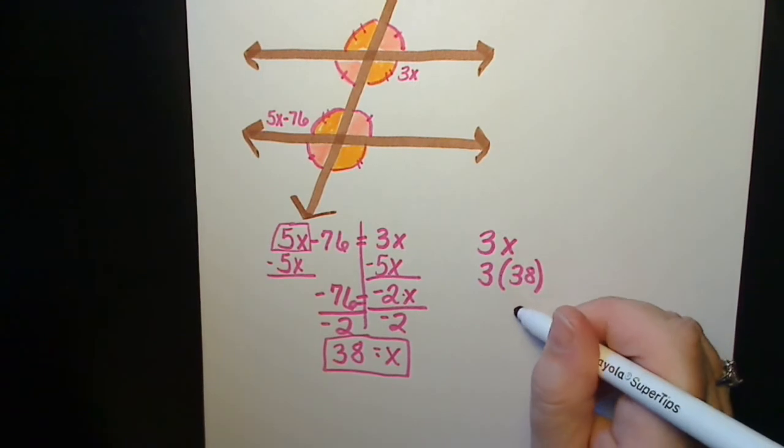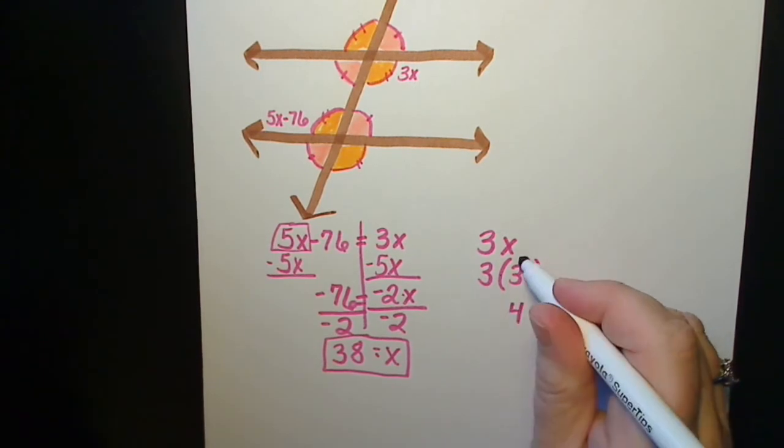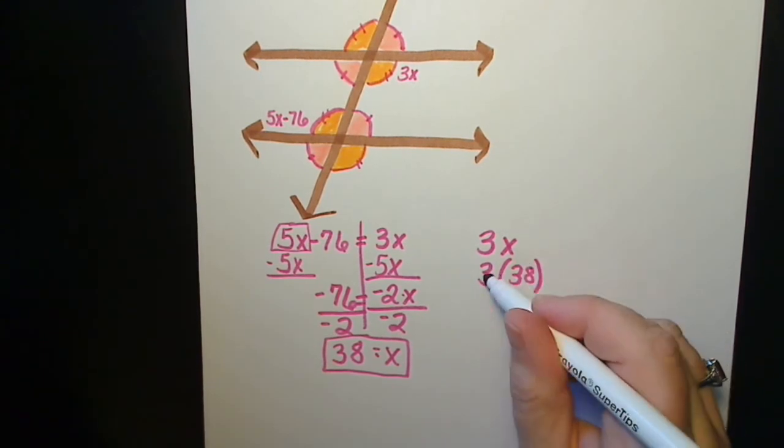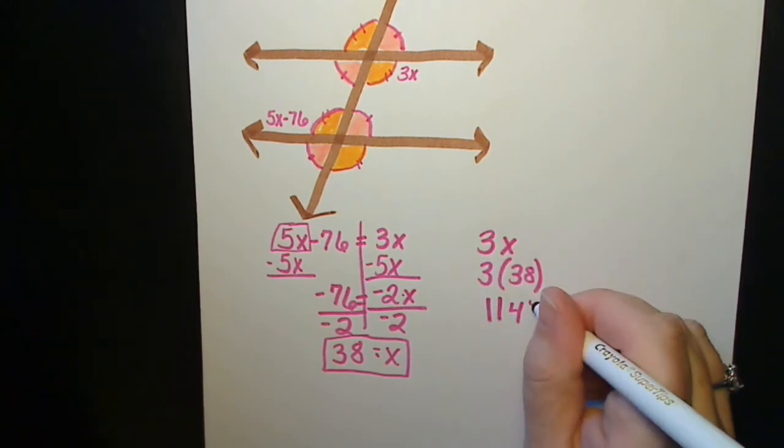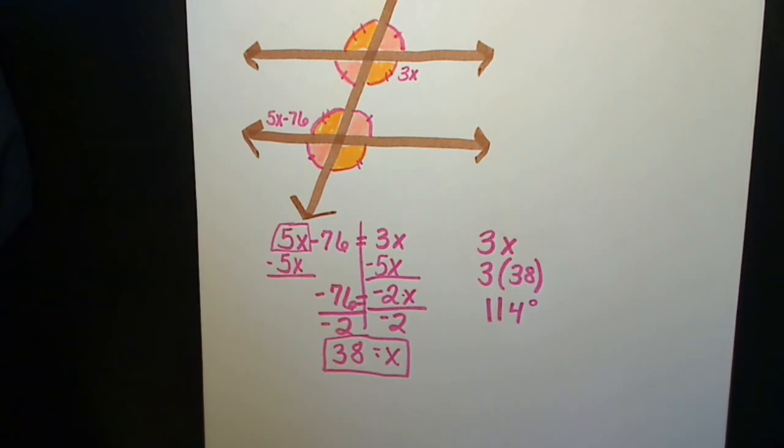So 8 times 3 is 24, so I'd carry that 2. 3 times 3 is 9, 10, 11. So the measurement of those two angles would be 114 degrees. So always look at what it's asking you for. If it's solving for x, you just solve for x. If it wants to know the measurement of the angle, then you might have to substitute it in to find that out.